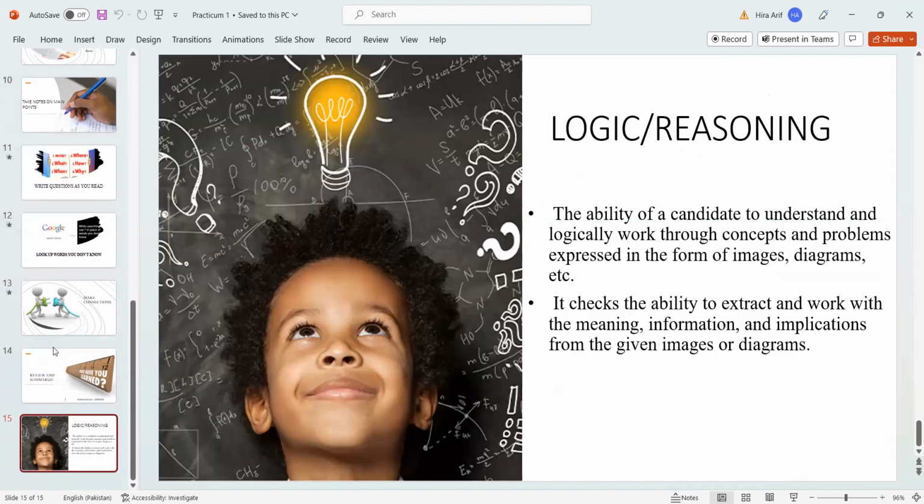Okay. So what is logical reasoning? What is logic or reasoning? It's the ability of a candidate to understand and logically work through concepts and problems expressed in the form of images and diagrams. It checks the ability to extract and work with the meaning, information, and implications from the given images or diagrams.